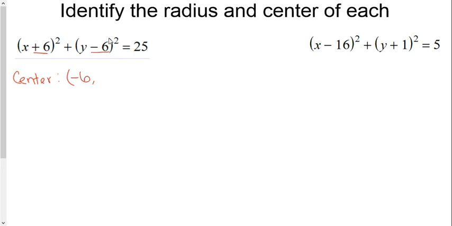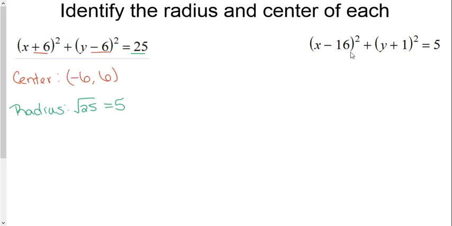Then I look for the number with the y. That is a negative 6, so it becomes a positive 6 for the center. Then for the radius, we look at this last number. Because it was r squared in the formula, we take the square root. So my radius is the square root of 25, which is 5.